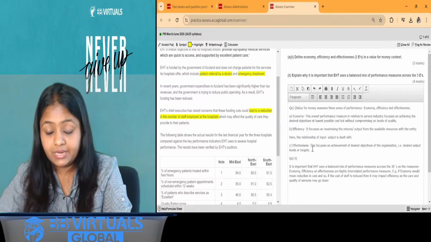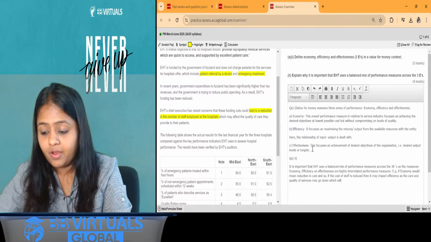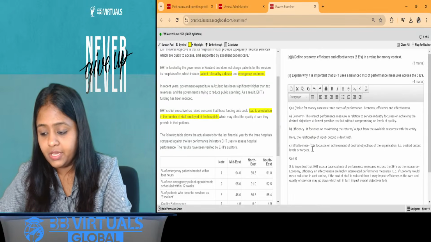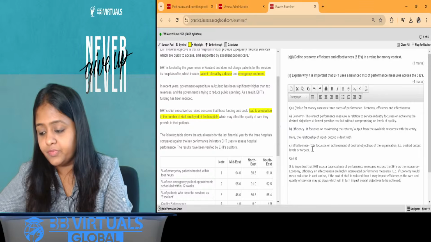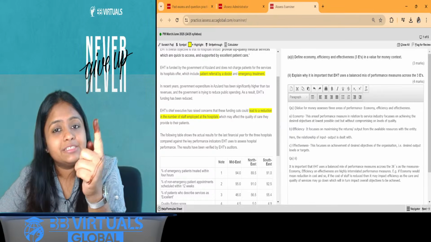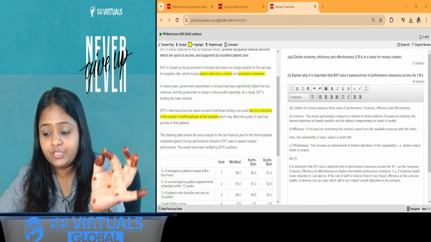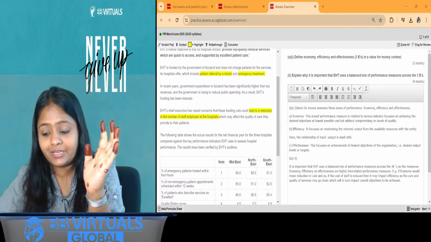Which will in turn impact the overall objectives to be achieved. So here we showed the relationship that if economy becomes detrimental, then it will affect efficiency, and it will affect the effectiveness.